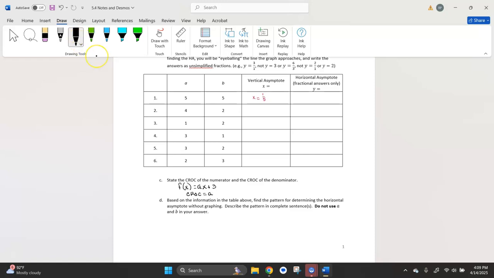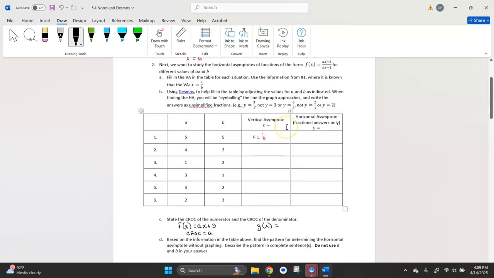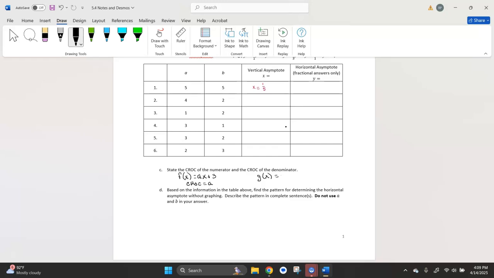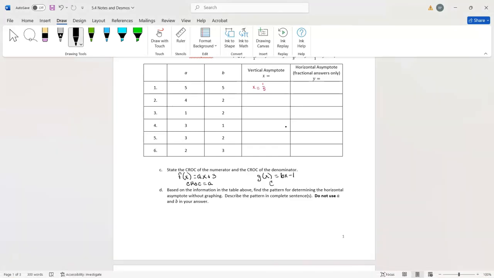For our other function, let's call it g of x, the denominator is made up of bx minus 1. We notice that the constant rate of change of this linear function will be equal to b.